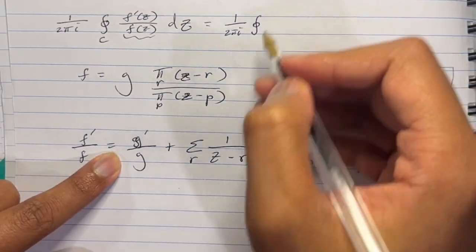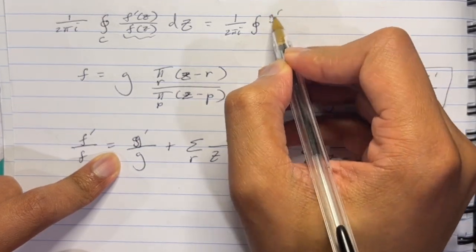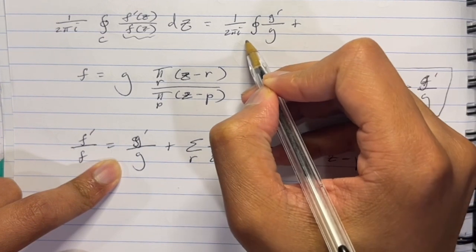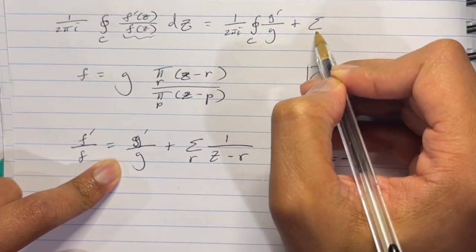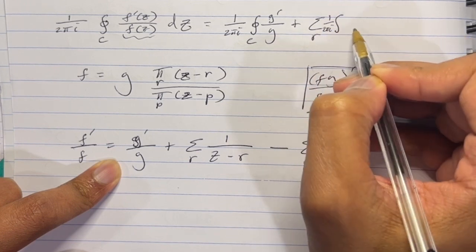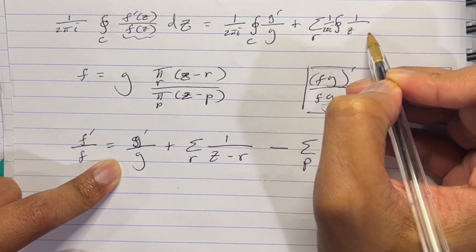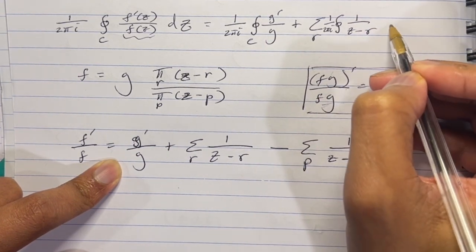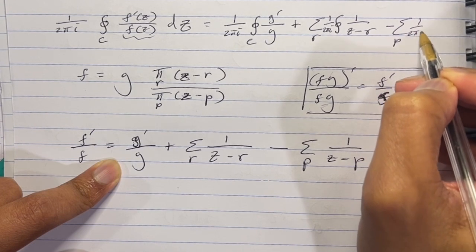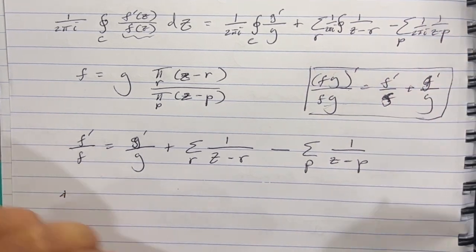Okay, so this part, because integrals are linear, we can just do each part one at a time. g prime over g, plus, over the same contour, the sum over the roots of 1 over 2 pi i, 1 over z minus r, and minus 1 over 2 pi i, 1 over z minus p.